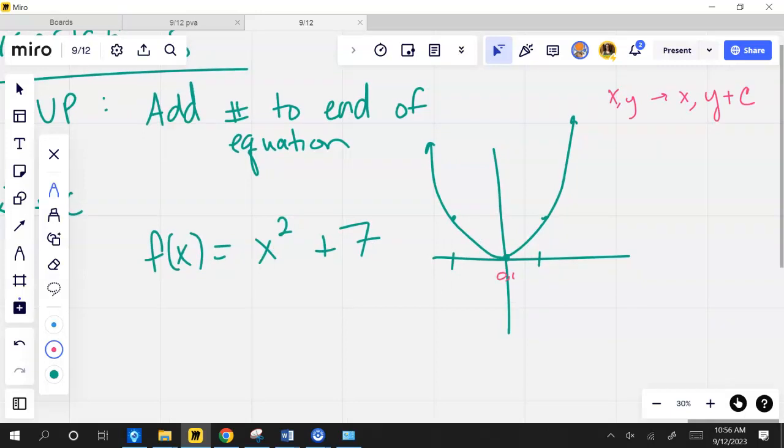So instead of 0, 0, it becomes 0, 7. Instead of 1, 1, x stays the same and I add 7 to y, so it would be 1, 8. And negative 1, 1 would become negative 1, 8.